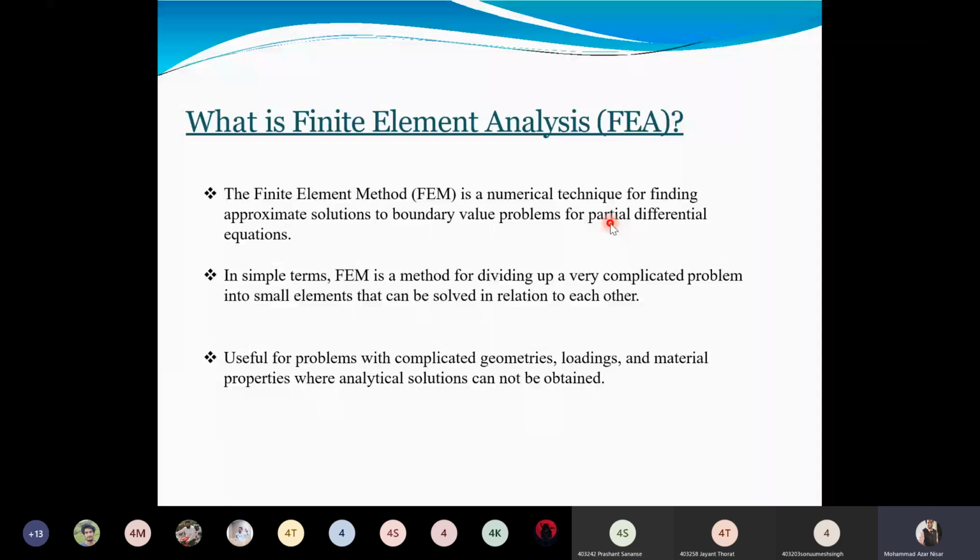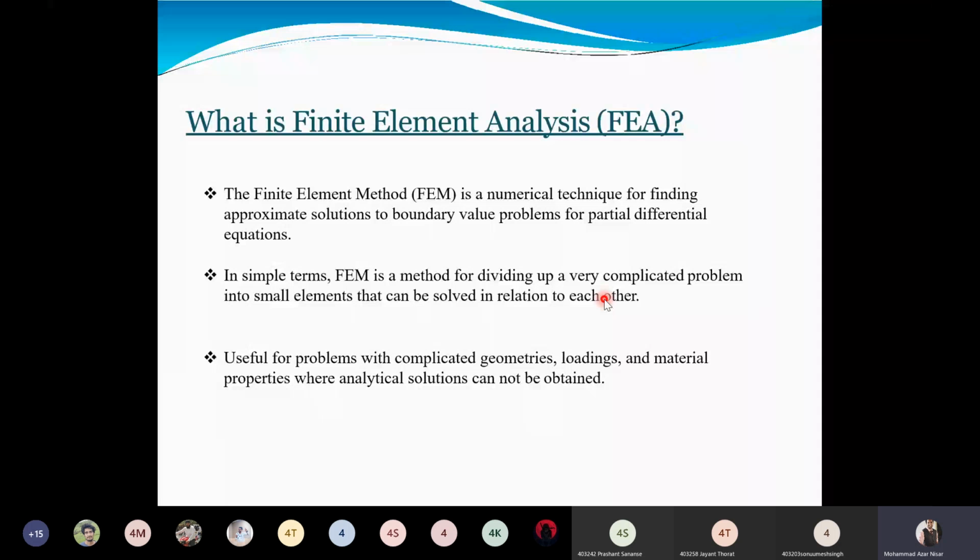Suppose it is a complicated problem, we divide the part or model into a number of elements, which might be quadrilateral, hexahedral or octahedral elements. The more you mesh that element part, the closer the approximate solution will be to the exact solution.